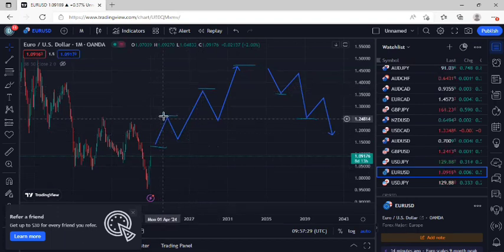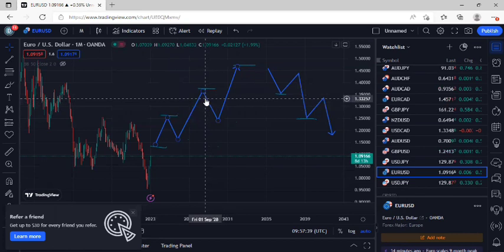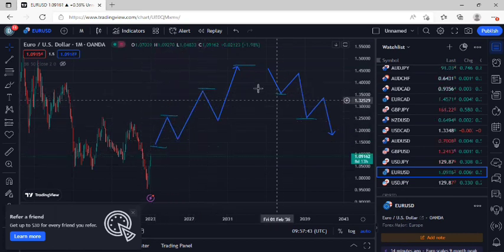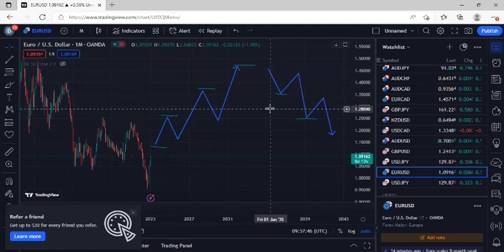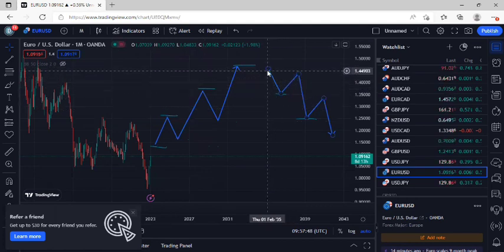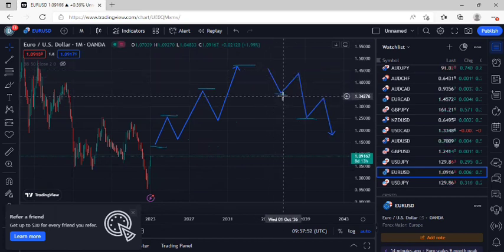Okay, so that is how you determine an uptrend. When the price breaks the structure of the previous high to create a new high, then we have an uptrend. Now, for the downtrend, for us to know the downtrend, the price breaks the previous low.